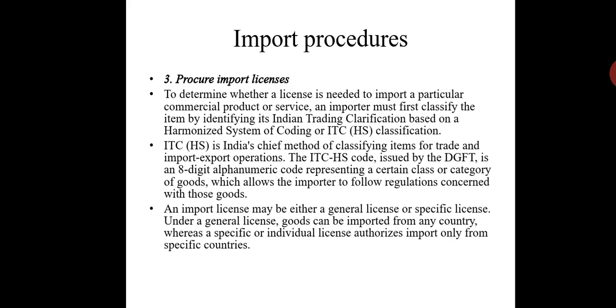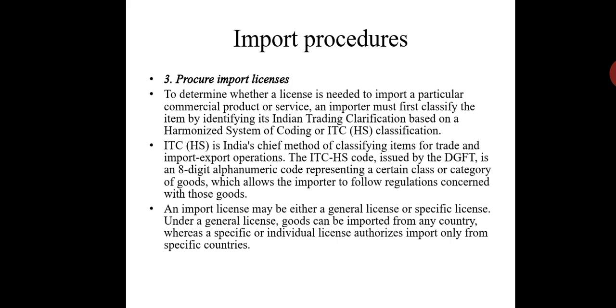Whenever you want to import goods, you first have to make sure in what category your goods come. For example, if you are going to import plastic raw material, you can import that easily. But if you want to import drugs for medicine purposes, for your pharmaceutical industry, then you have to specifically request for it and get a special license for it.